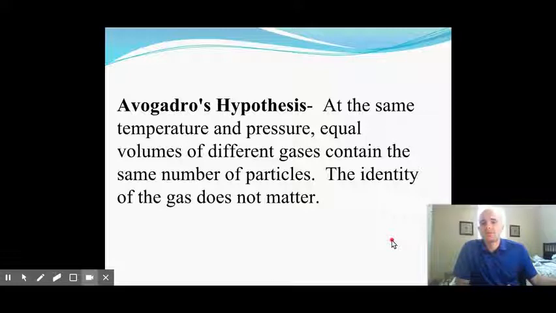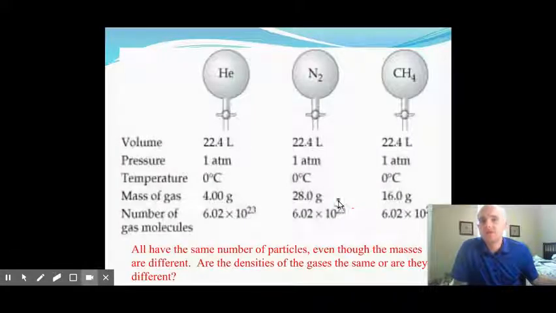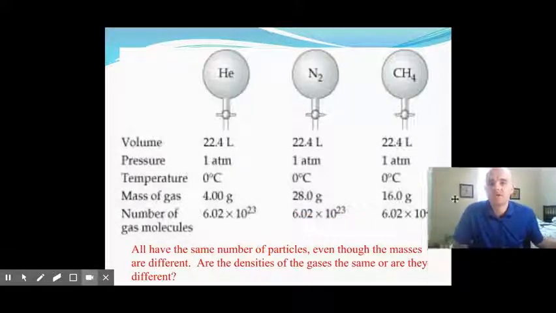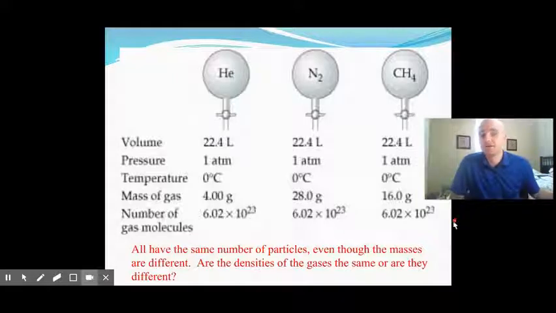But Avogadro's hypothesis is visually shown here when we have our helium, nitrogen, and methane molecules, and they have the same volume, the same pressure, and the same temperature, but they have different masses of gas, and the same number of particles. So he actually found that these particles had different masses as well. And that's really why we credit him with the discovery of the mole.